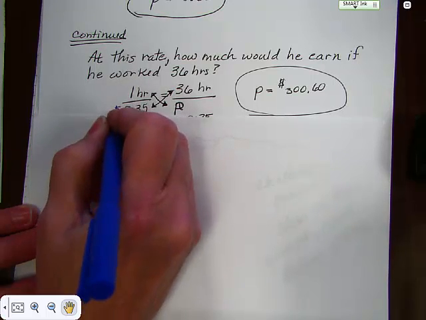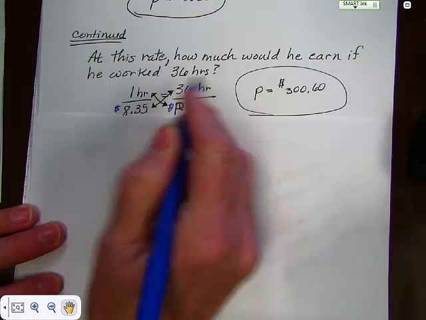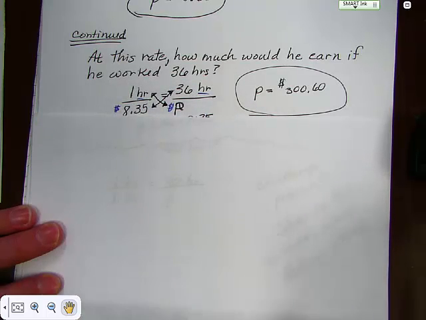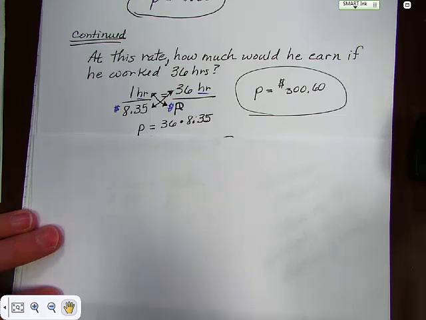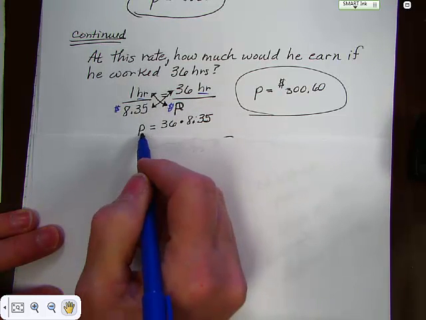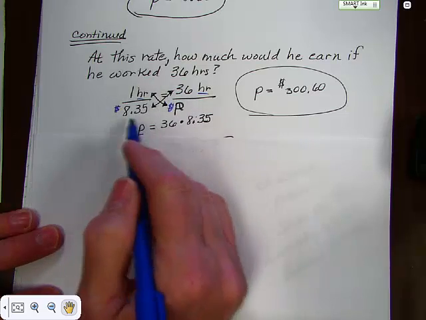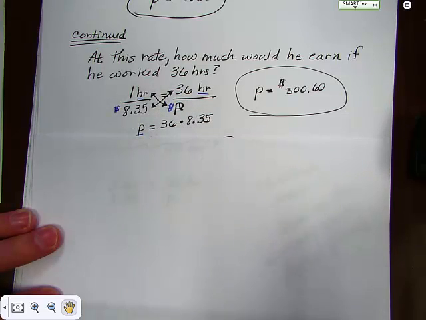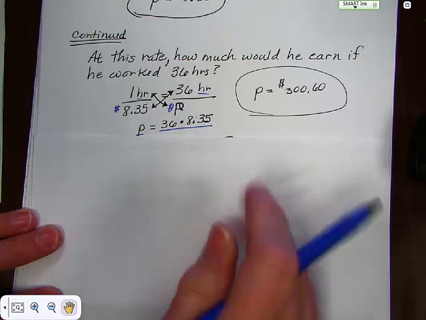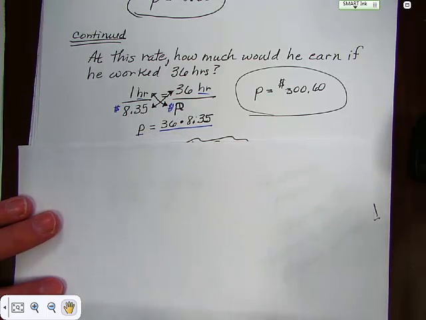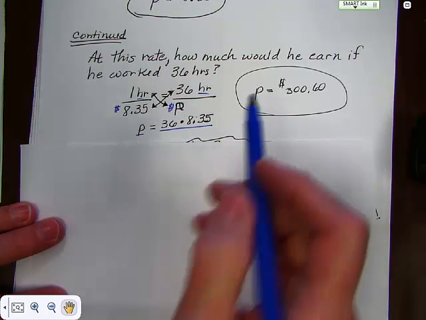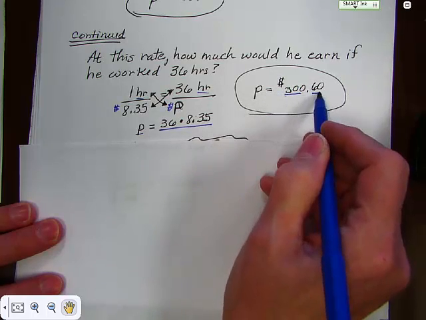This is dollars, this is hours and hours. Notice the hours are on the top, the dollars are on the bottom. So you take p times 1 is p, equals 36 times 8.35, which is what you wanted to do anyway in the first place, right? And if you do the math, you're going to end up with $300.60.